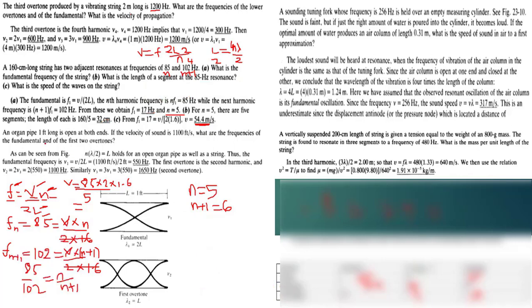So an organ pipe which is 1 feet long is open at both ends. If the velocity of sound is 1100 feet per second, what is the frequency of the fundamental and of the first two overtones? Okay, it is open at both ends, it is like strings. So I think by now you should know how to do them.